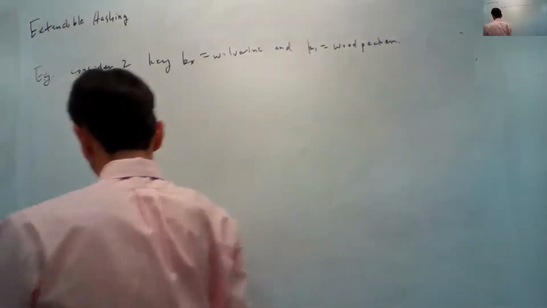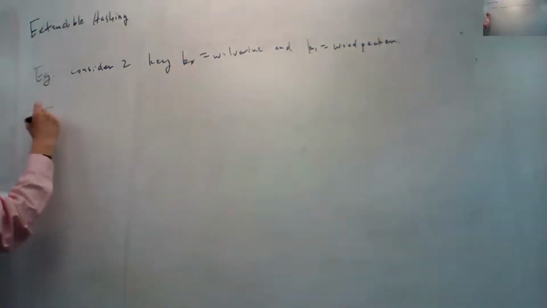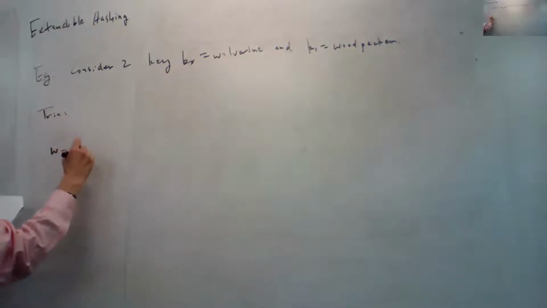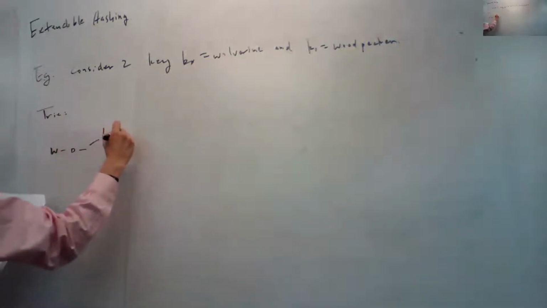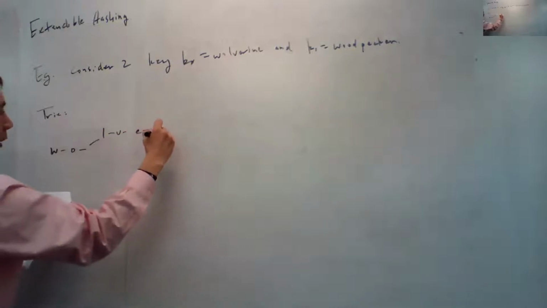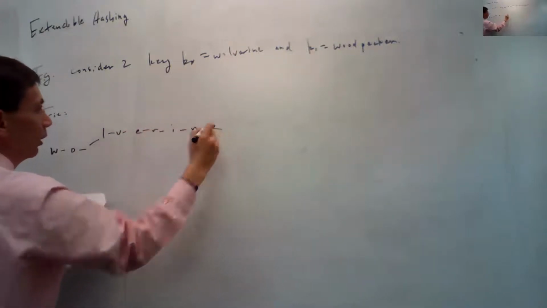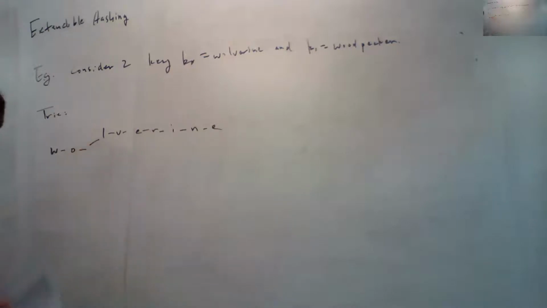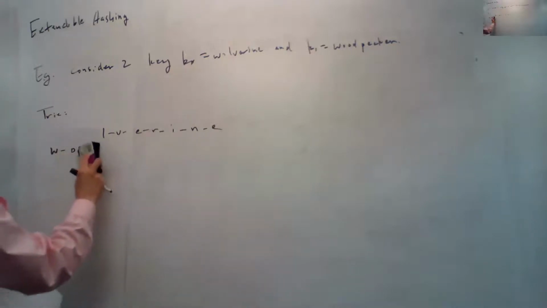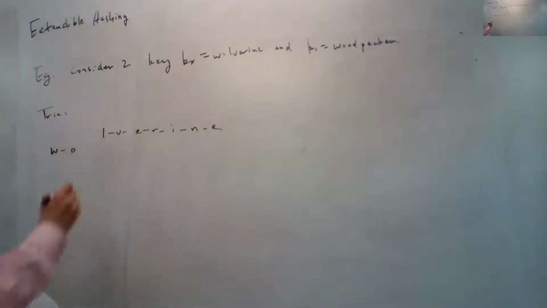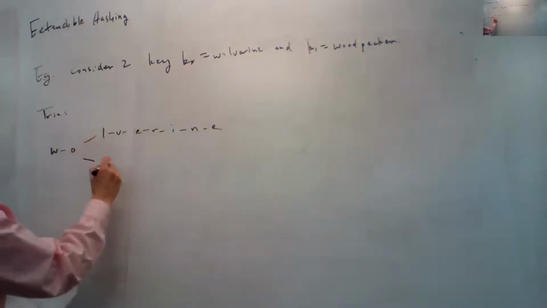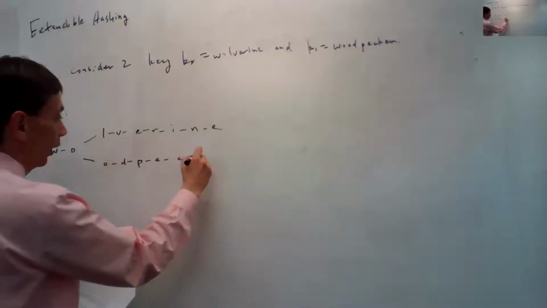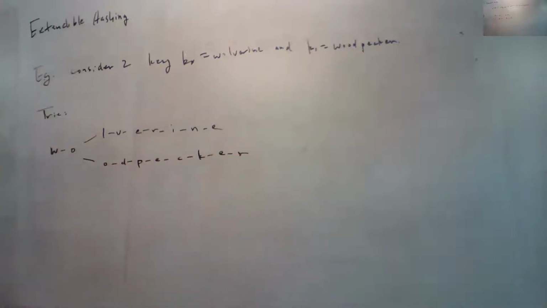Okay, so if we just had a trie, we would probably start out with W, O, and then L, V, E, R, I, N, E, and W, O, and then at this point, we would actually split onto a new branch, O, D, P, E, C, K, E, R, right?